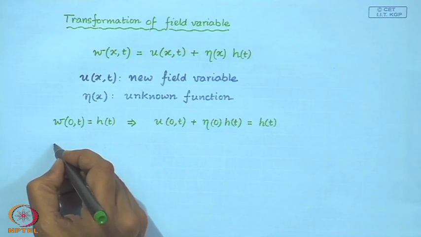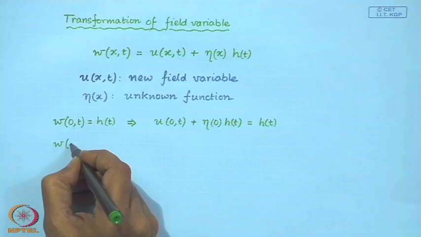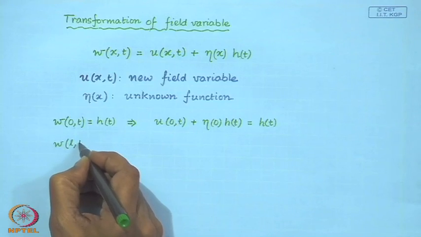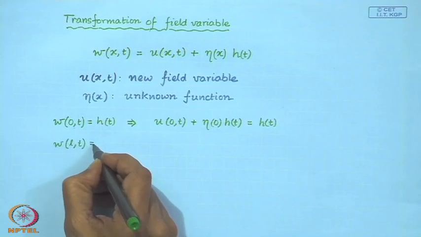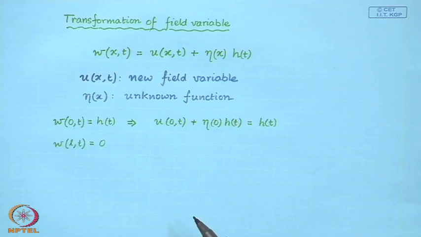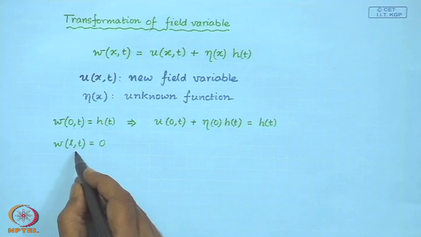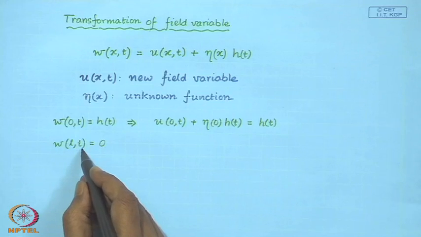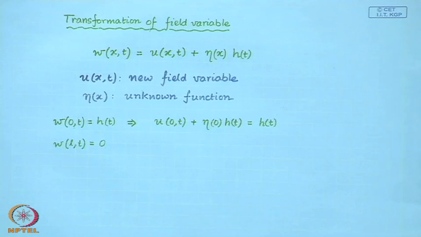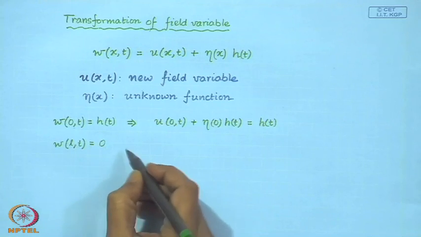On the right boundary, the condition is w at L comma t is 0.